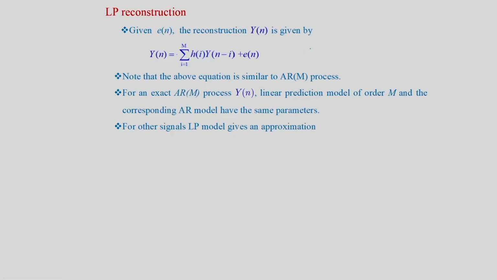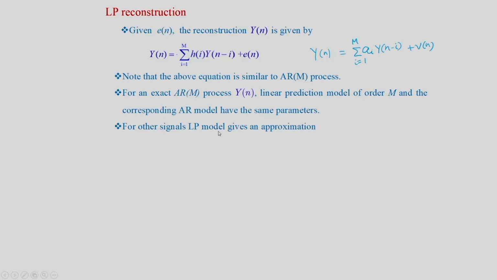Suppose y[n] is an AR process, then y[n] is equal to summation a_i y[n minus i], i going from 1 to m, plus v[n]. So, this equation and this equation are structurally the same. For an exact AR process y[n], the linear prediction model of order m and the corresponding AR model have the same parameters, which we can show.